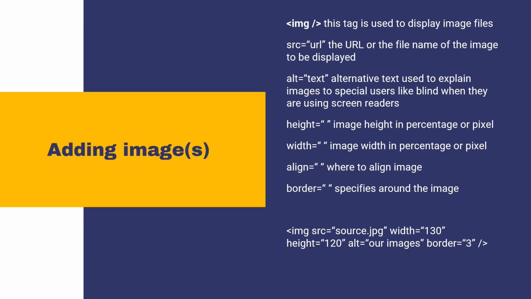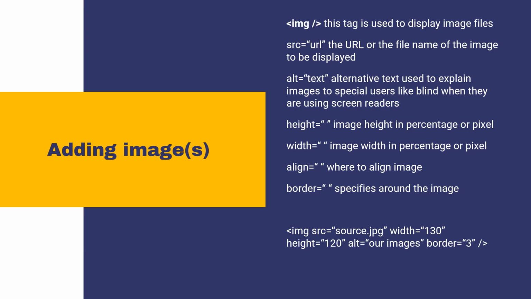A blind person cannot see an image, but a screen reader will read through everything on the site. So instead of getting there and not saying anything, the alternate text will be read to the blind person to know that there was an image here named so. Most times we have to make our alternate text, that's our alt, explanatory, not too long, something short.